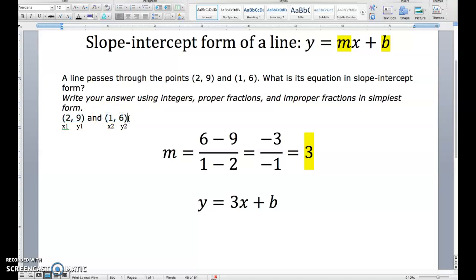I'm just going to use 1, 6. So replace y with 6, and x is 1, so instead of times x, it's times 1. 6 equals 3 times 1 plus b.